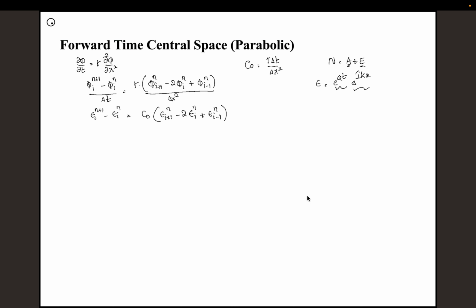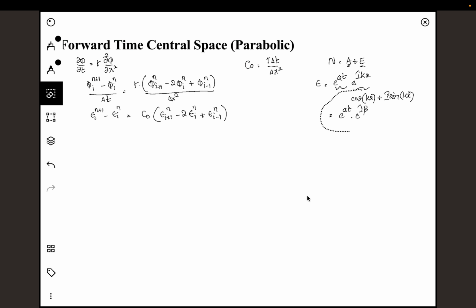So instead of writing it in cos and sine, we'll be writing in terms of this Euler form. So e power ikx is basically cos kx plus i sin kx. Or I can write it in a simple way, like let's just call that beta into e power i beta. We'll do that little later. We'll see what beta is and so on.